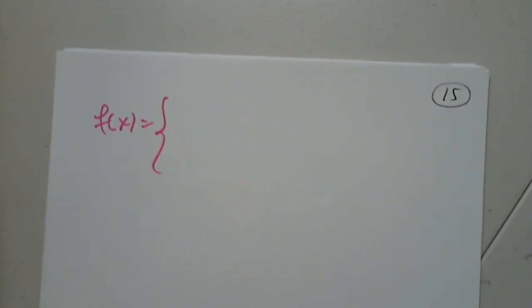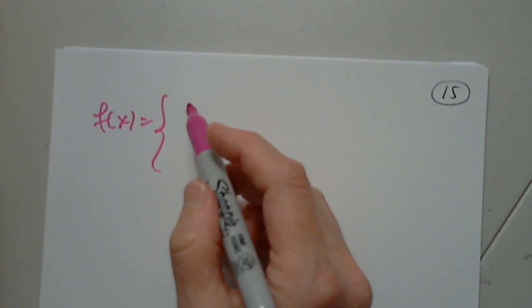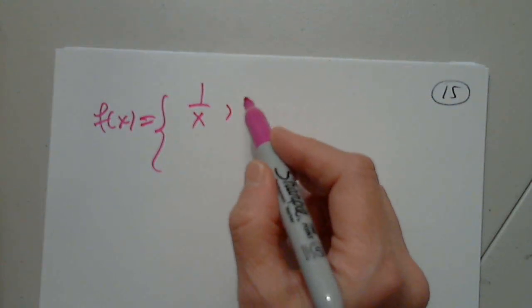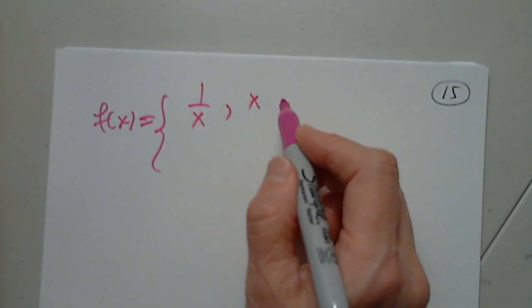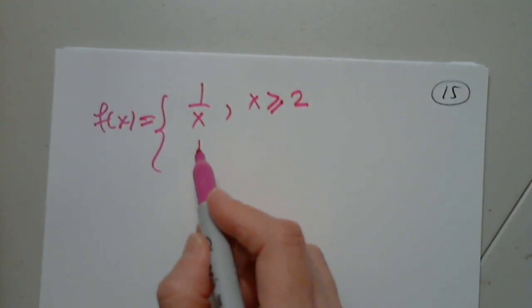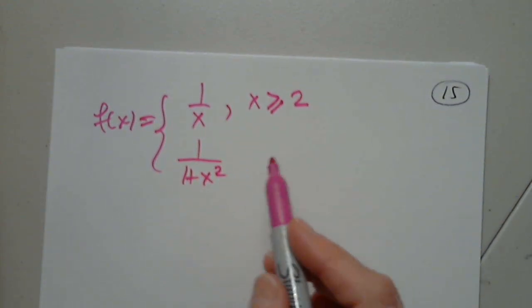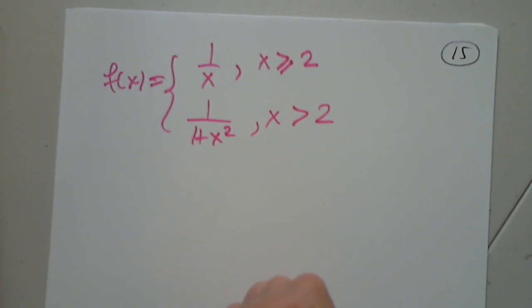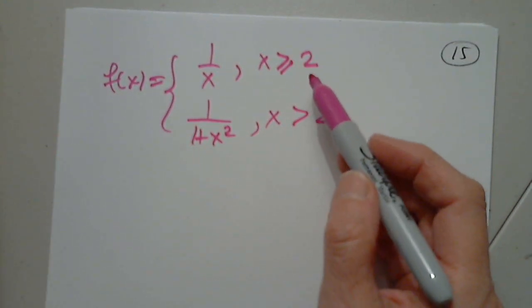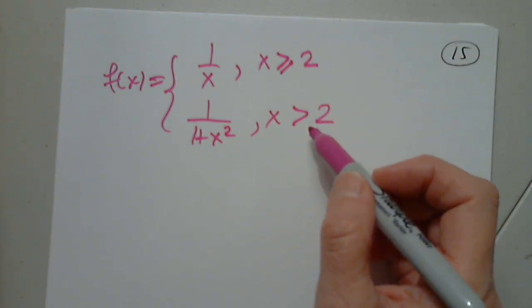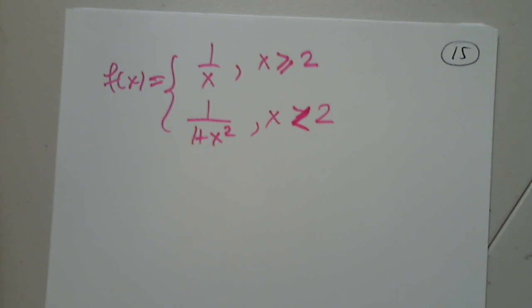What if we have a piecewise defined function? Before you find something, I'll start with this. Let's say 1 over x for x less than 2, and 1 over 1 plus x squared for x greater than or equal to 2.